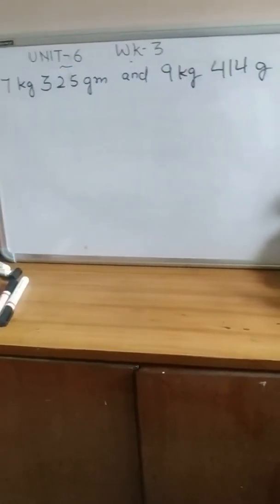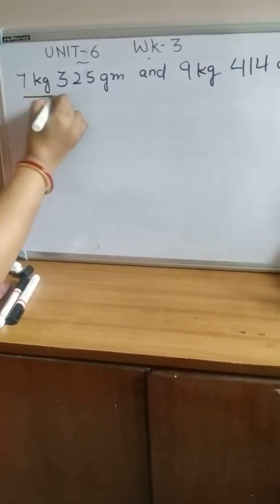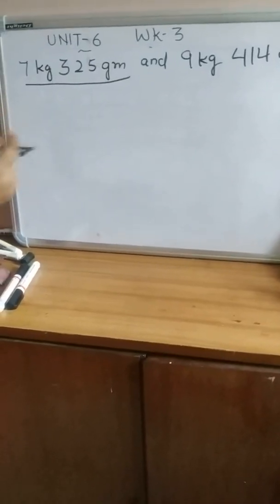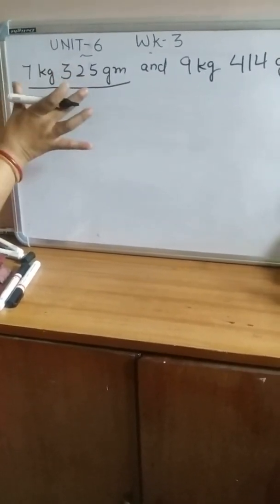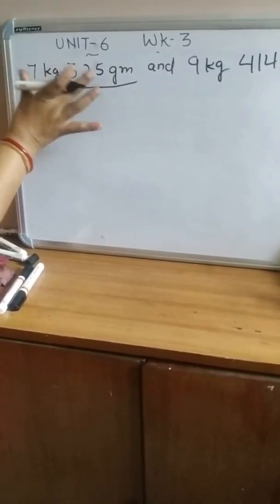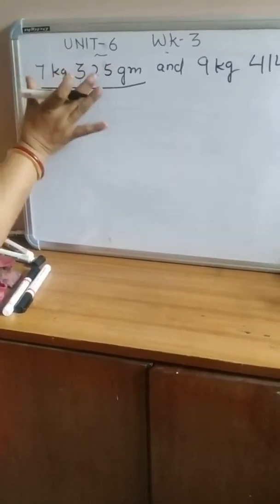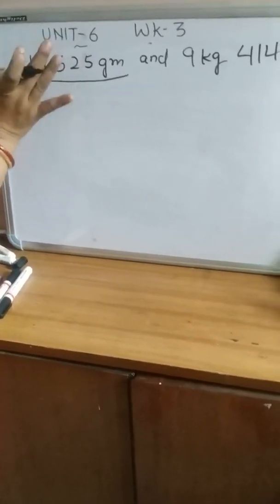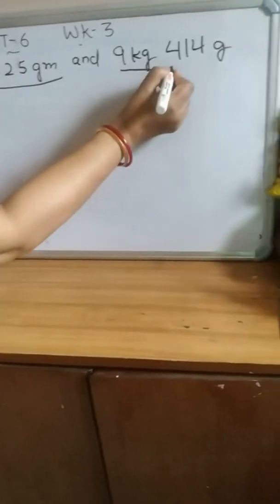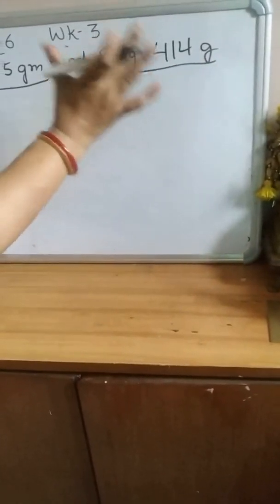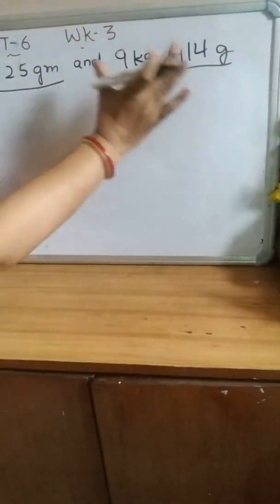Okay. So we have to do addition. 7 kilogram 325 gram is 1 unit. Always remember, they are together. This gram and kilogram represent 1 unit, 1 number. And this 9 kilogram and 414 gram is also another complete unit.